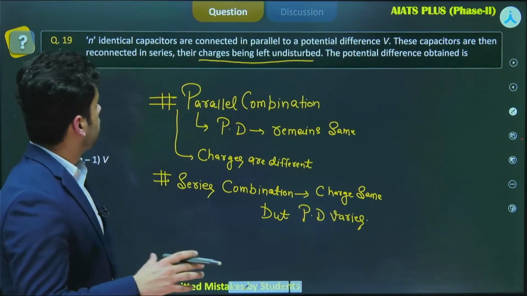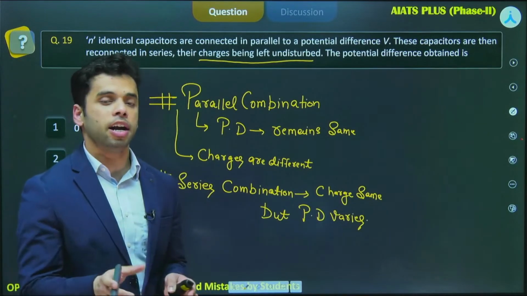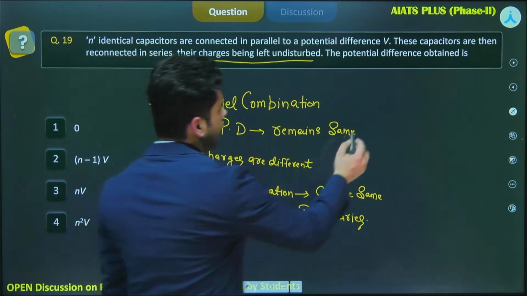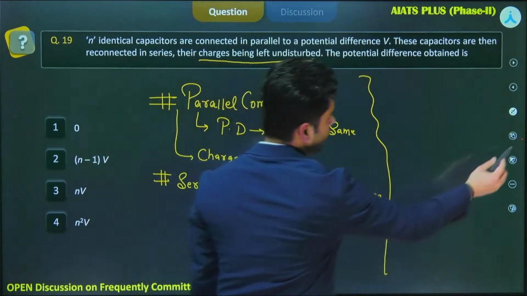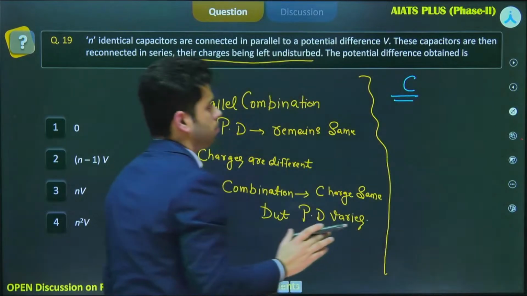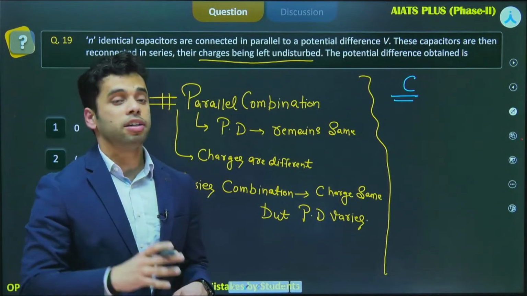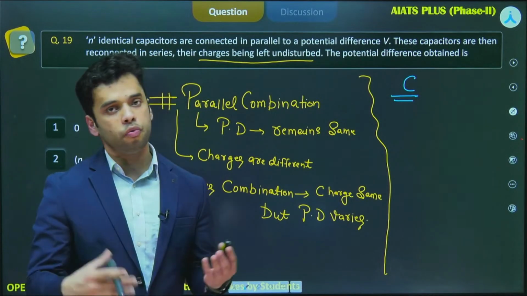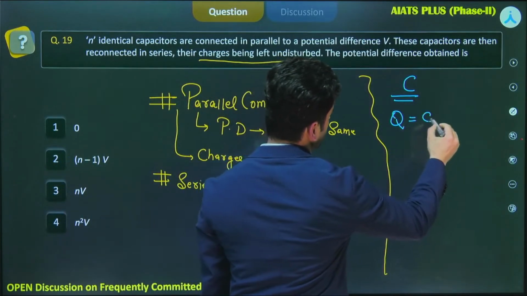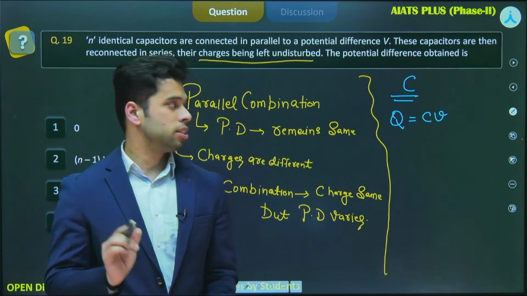Now the problem says that the capacitors are connected to a potential difference V. So each of the capacitors that is connected will have a potential difference across its plates equal to V. Let me assume that the capacitance of a single capacitor is C, and the potential difference maintained across the capacitor is V. So the charge on one of the capacitors becomes CV, right?